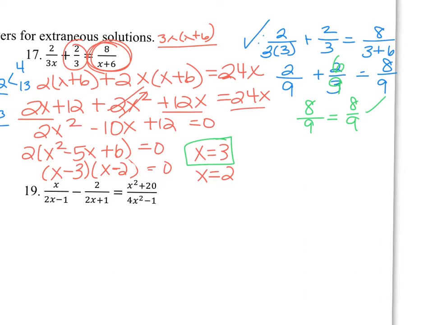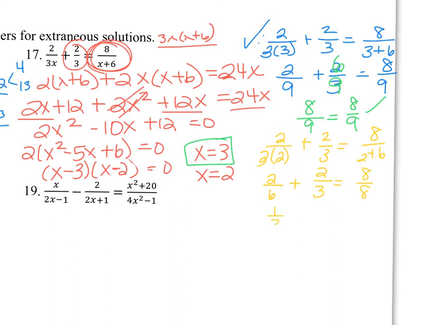If I check 2, I have 2 over 3 times 2 plus 2/3 equals 8 over 2 plus 6. So I have 2 over 6 plus 2/3 equals 8 over 8.